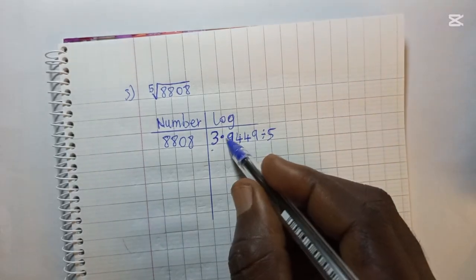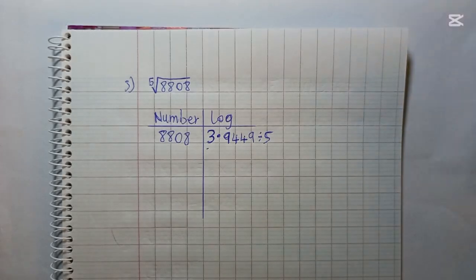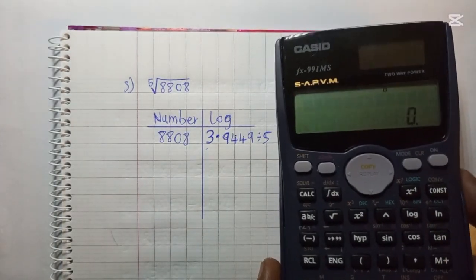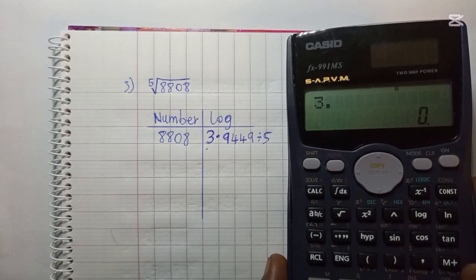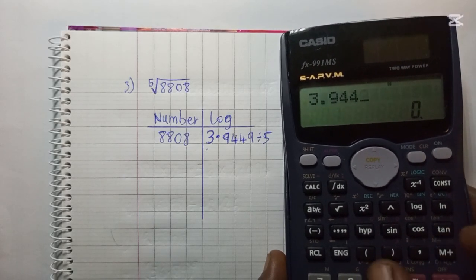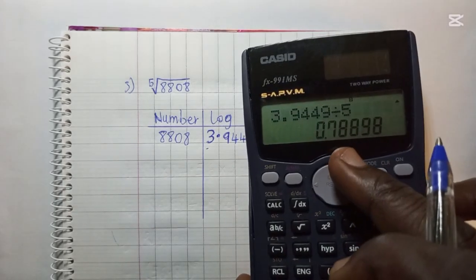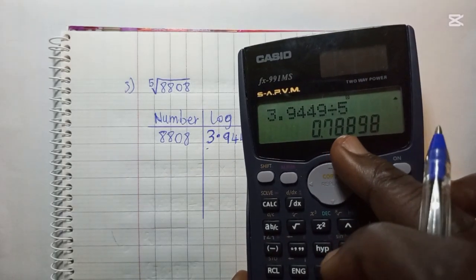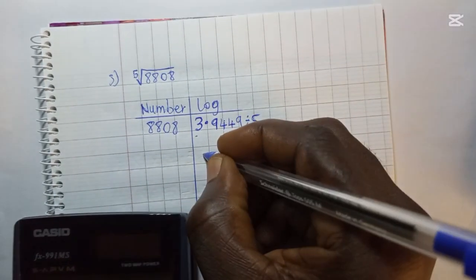So this value divided by 5 will give us, use a calculator to operate this, 3.9449 divided by 5 will give us 0.78898. You write the answer here.